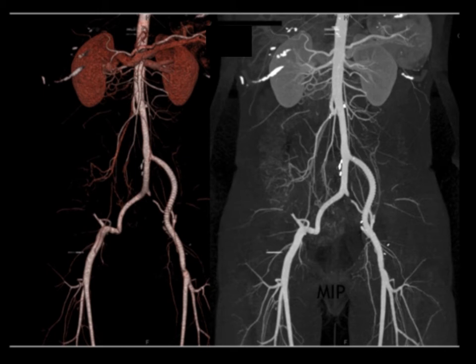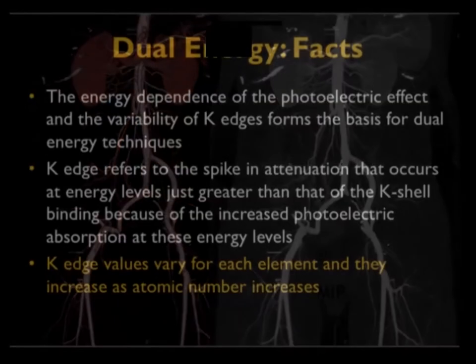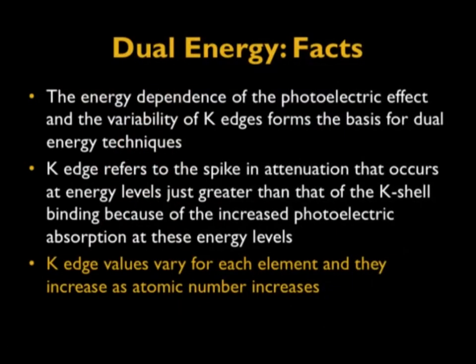And dual energy, as I mentioned, you could do it with a Siemens dual source or a GE single source. K-edge refers to the spike in attenuation that occurs at energy levels just greater than that of the K shell binding because of the increased photoelectric absorption at these levels. The K-edge values vary for each element, and they increase as atomic number increases.